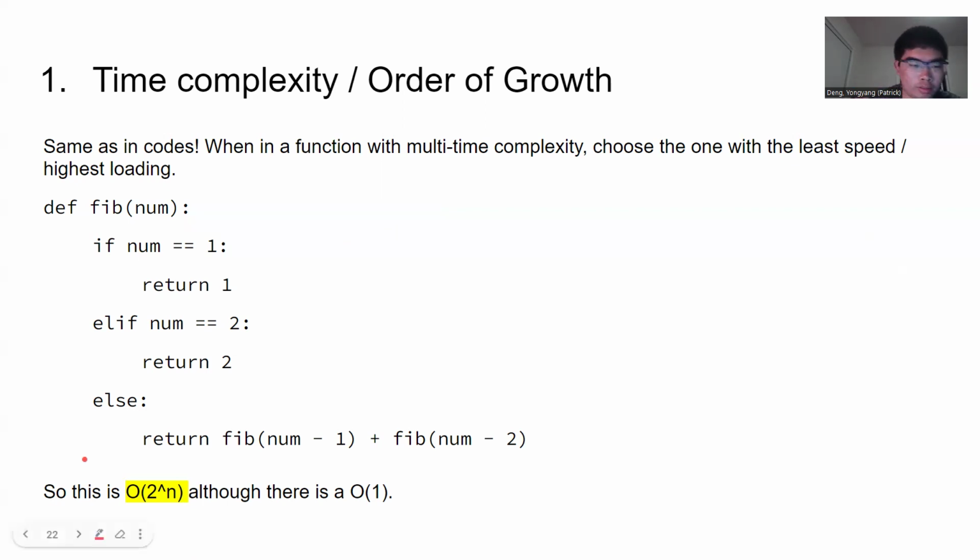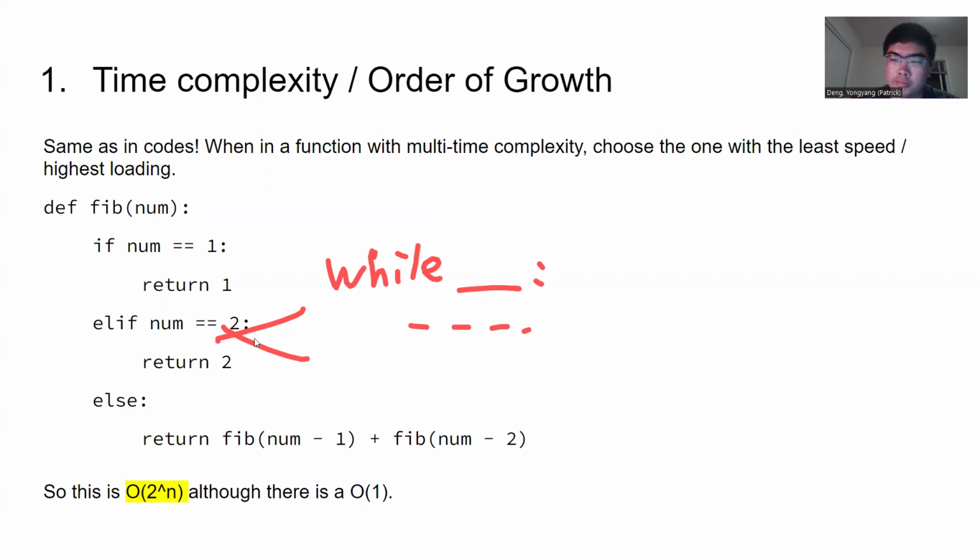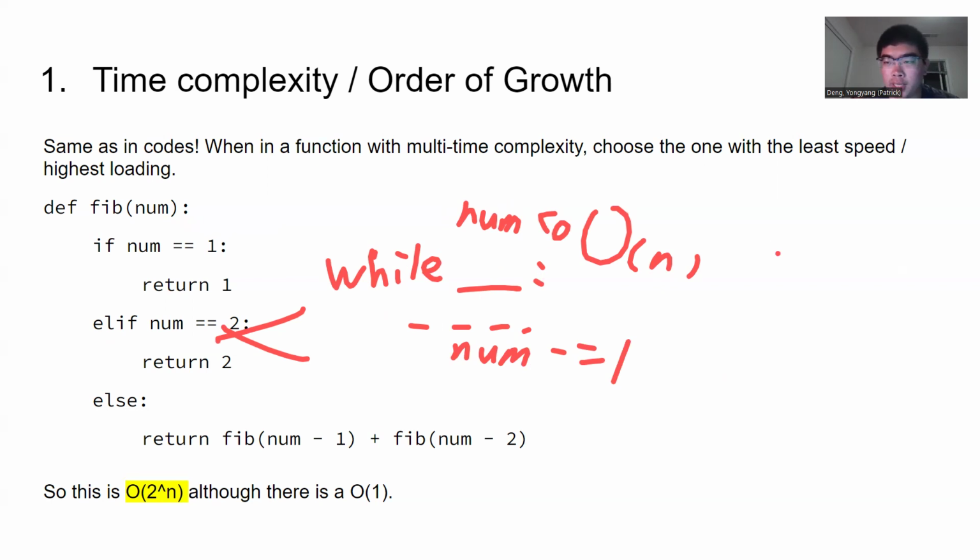Suppose this is the Fibonacci algorithm. As I said, for the if statement, if you do not have a recursive call, it is just big O of 1. And if I add in the while loop here, what is that? I will maybe have a big O of n as well, if I want to loop while the number is bigger than 1, with number minus equals 1 each time.